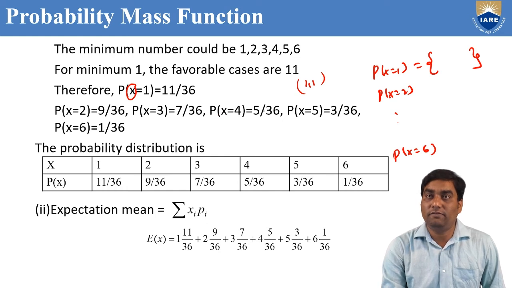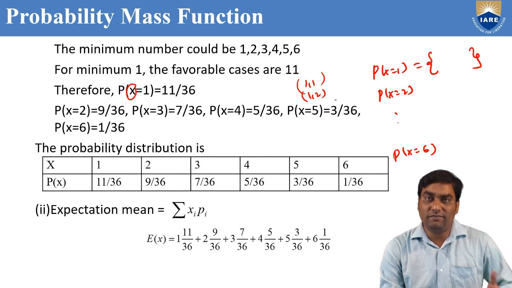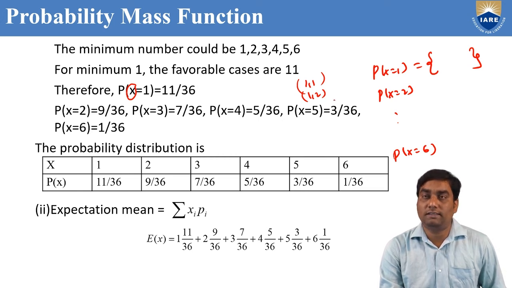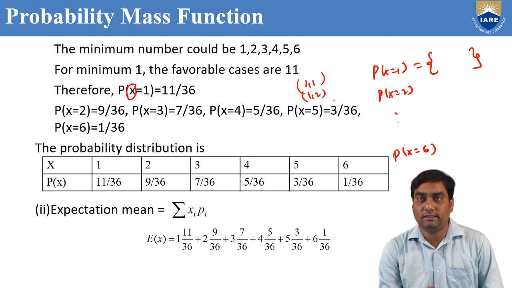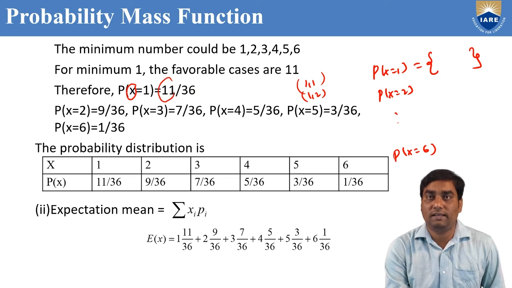Similarly, in 1 comma 2 also the minimum is 1. 1 comma 3, 1 comma 4, 1 comma 5, 1 comma 6. Similarly, in reverse, 6 comma 1, 5 comma 1, 4 comma 1, 3 comma 1, 2 comma 1, 1 comma 1. In all these cases, the minimum is 1 only. Total number of cases here is 11, so 11 by 36.